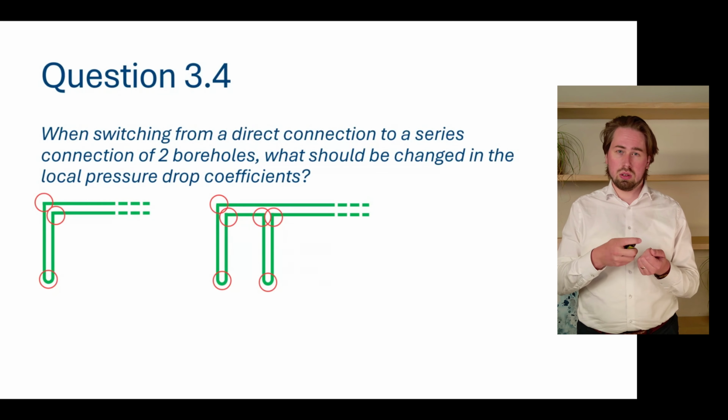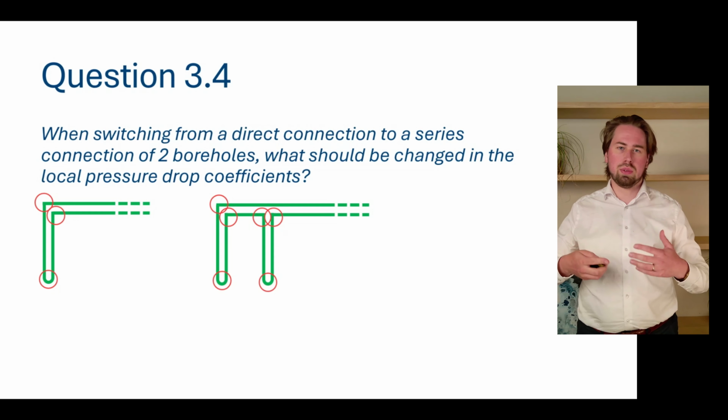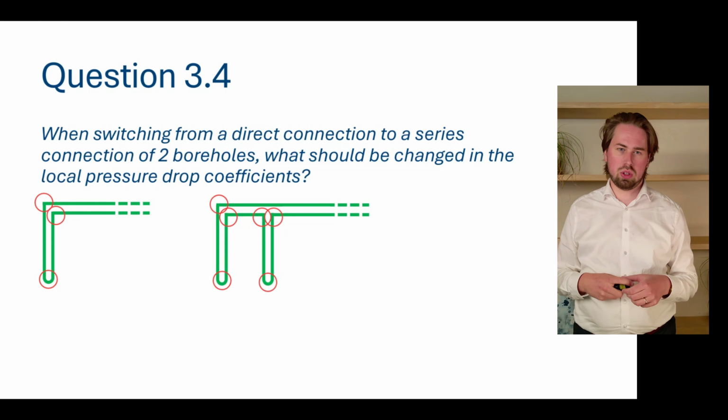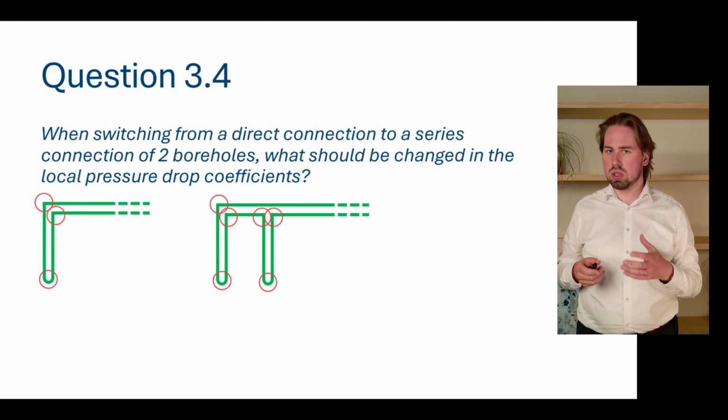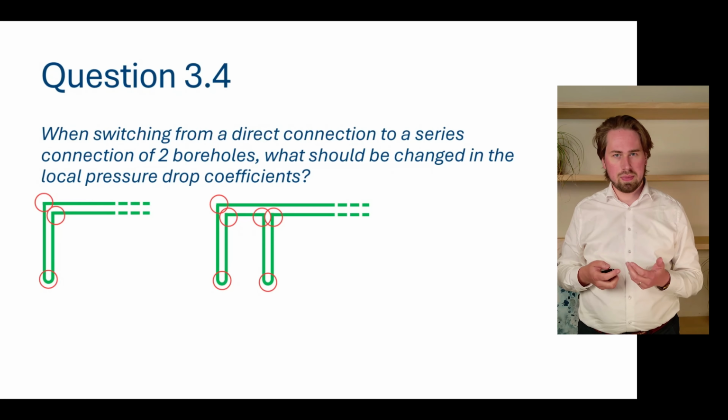So the fact that our local losses change a little bit is nothing compared to the fact that due to the higher flow rate, everything will have a higher pressure drop. So yes, these local losses are important, but also place it in perspective with all the other changes you are making. And this was everything I wanted to say about these questions in the 4th part.